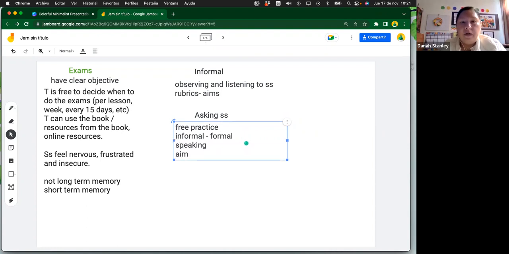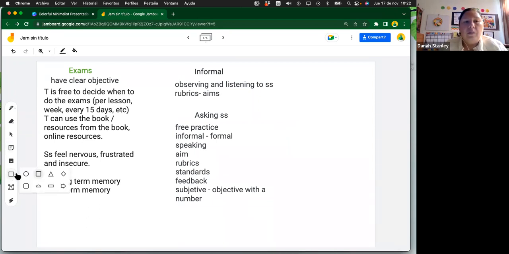If I have very clear my aim, I have my rubrics, I have my standards, I provide feedback, and finally I can change the subjective into objective with a number.